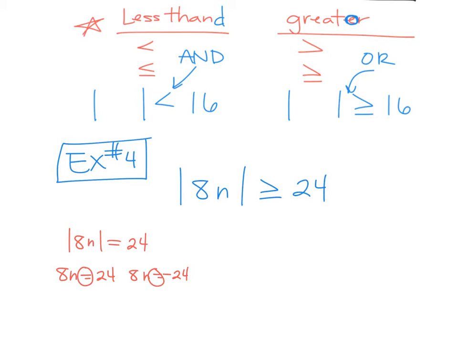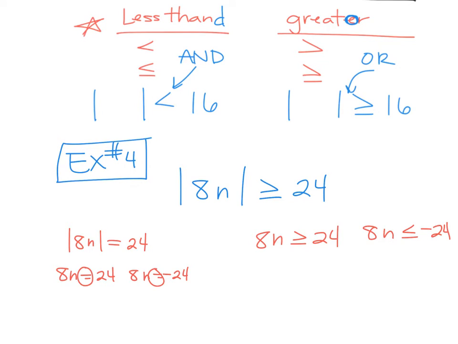That is the only thing you're going to do different from what we did yesterday, okay? So from this setup, you would write 8n is greater than or equal to 24, okay? So that's your first inequality. Your second one, we're going to say 8n is less than or equal to. So flip it around and make it negative 24.